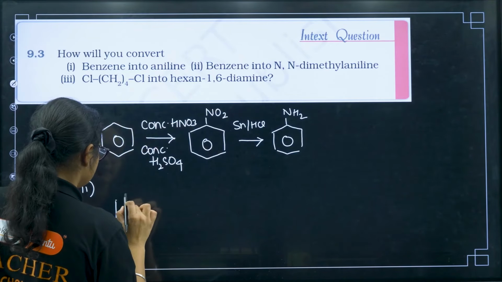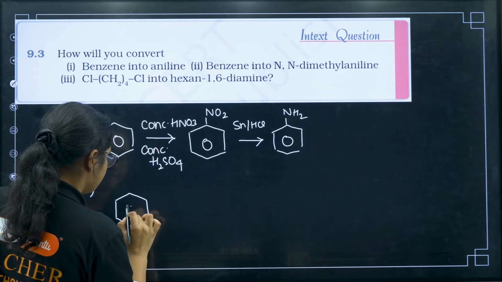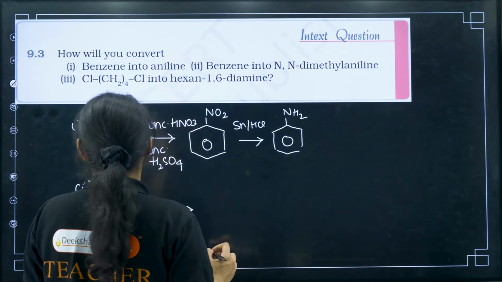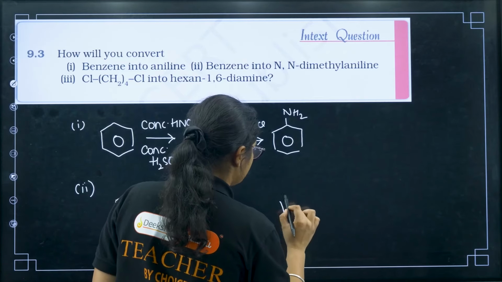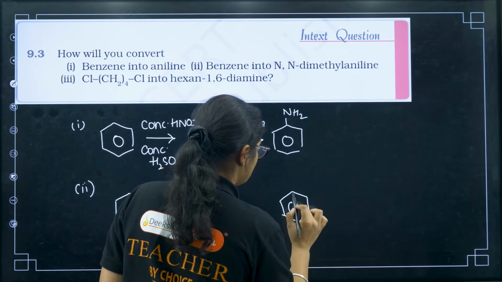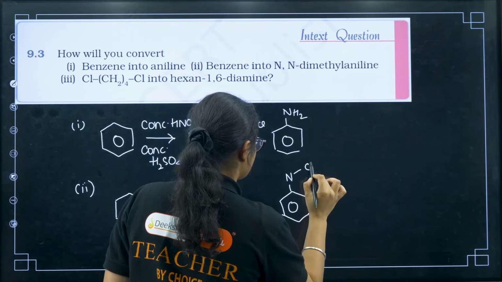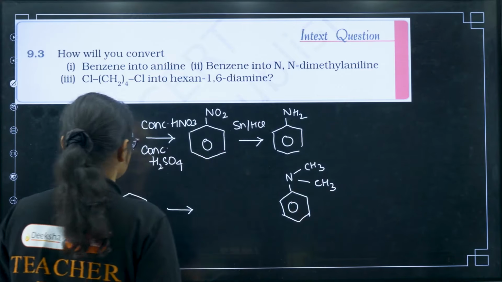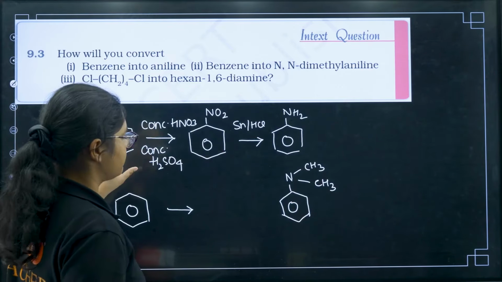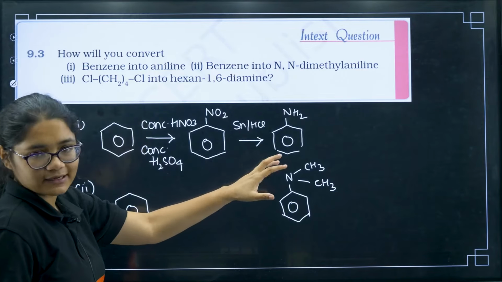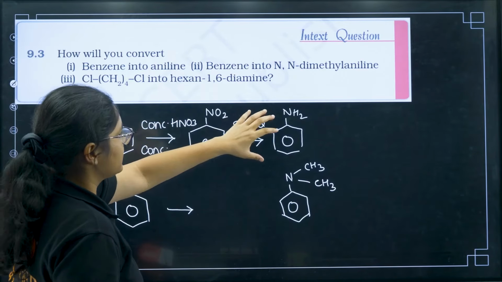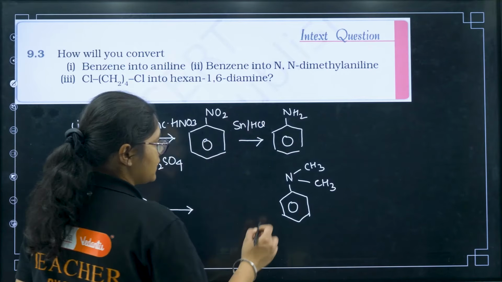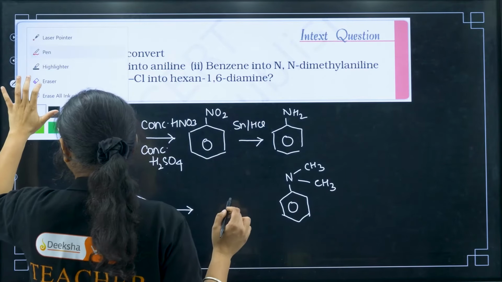Now going to the second one, how will you convert benzene to N,N-dimethylaniline? You have benzene, and then you want N,N-dimethylaniline. So first of all, from benzene I will get aniline, okay. First I can convert up to aniline, or NH2 I will get. Now after this I will continue from here.